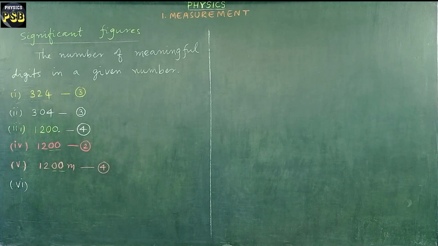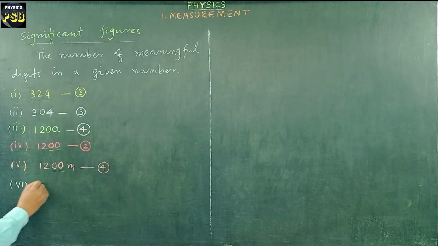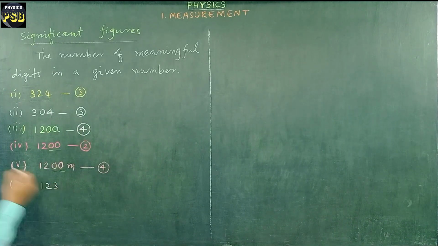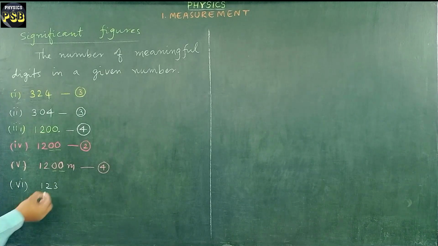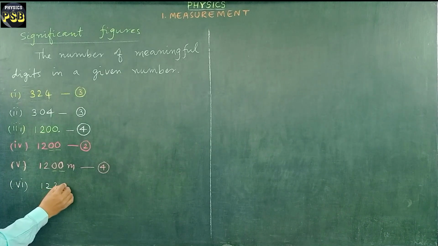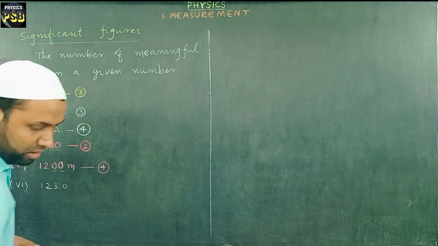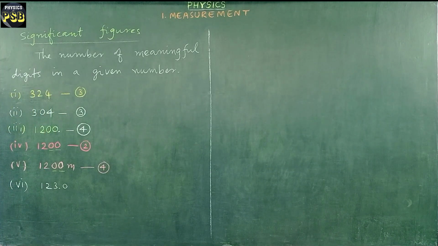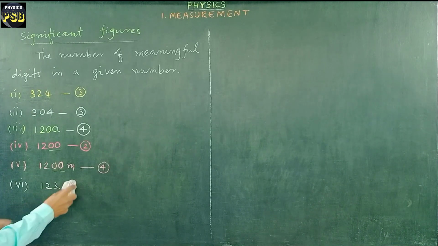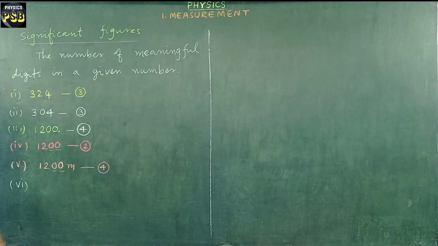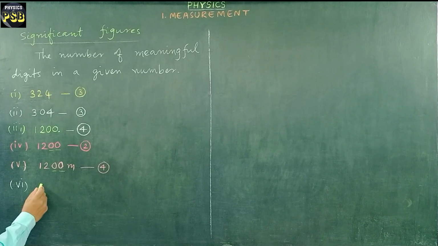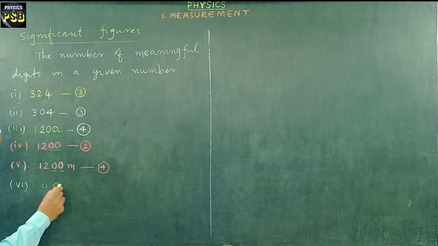Now, suppose I have a number, something like this, 0.007.